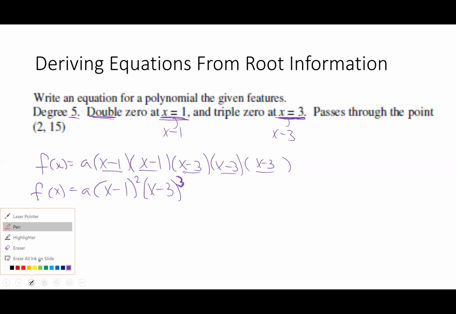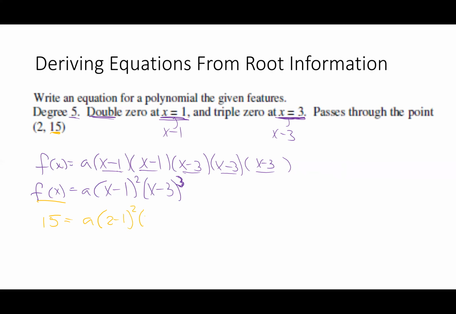So let's do that. My y value is 15, and my x value is 2. So 15, 2 minus 1, that's 1 squared. 2 minus 3, that's negative 1 cubed. Negative 1 cubed comes out to be negative 1. So I get 15 is negative a, divide both sides by negative 1, or really I could just negate.